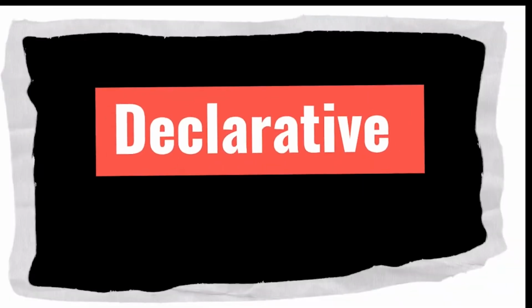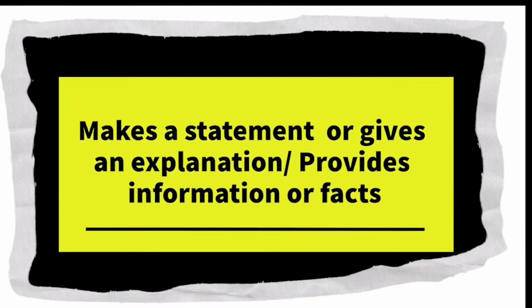So declarative, we're going to look at this one first. Declarative sentences make a statement or they give an explanation, right? These type of sentences normally provide information or even facts.